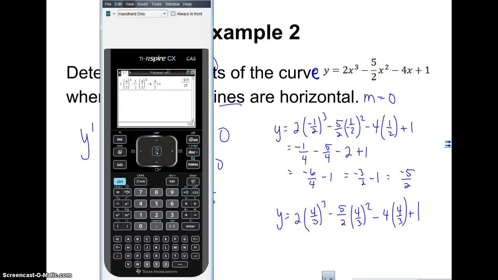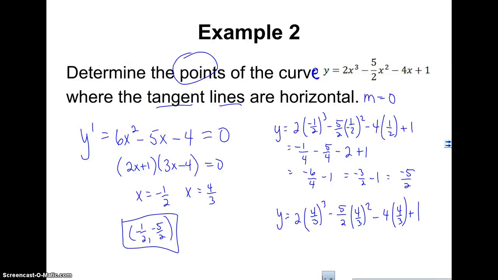And with a little help from our calculator, so I do a little less work, I've got negative 109/27. All right, so my points are 4/3 comma negative 109/27 and negative 1/2, negative 5 halves. Okay, those are my two examples.